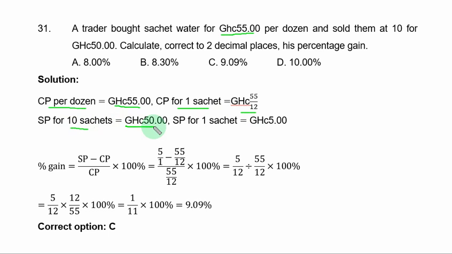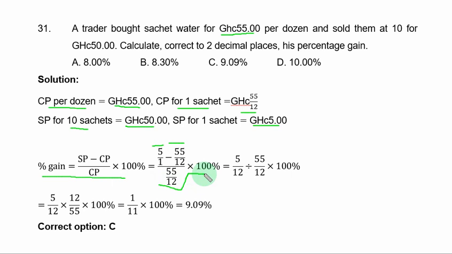Then for one, divide 50 by 10, that is 5. For percentage gain, this is the formula you use. So the selling price 5 over 1, minus cost price 55 over 12, over cost price 55 over 12, times 100%.